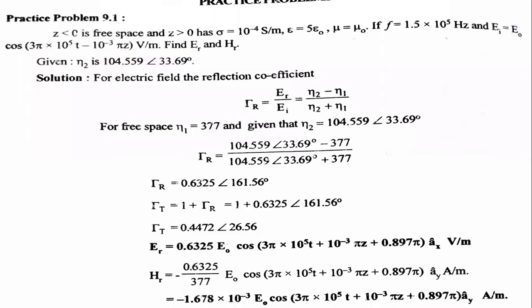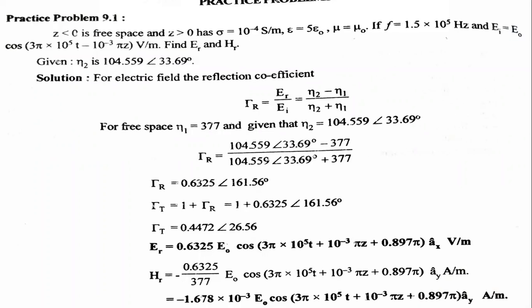For the electric field, the reflection coefficient tau r is equal to, what is the formula?